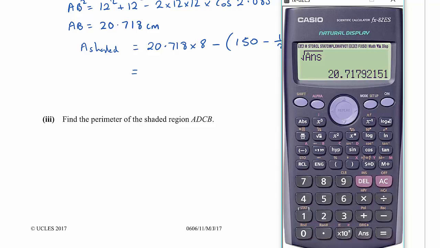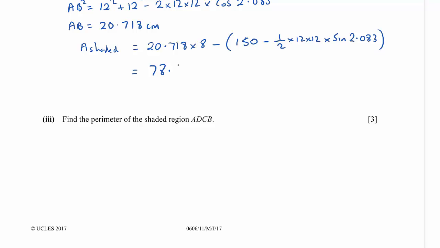So we've got that answer on there, so multiply that by 8 and take away 150, take away 0.5 times 12 times 12 multiplied by the sine of 2.083, and that gives me 78.5 centimeters squared.